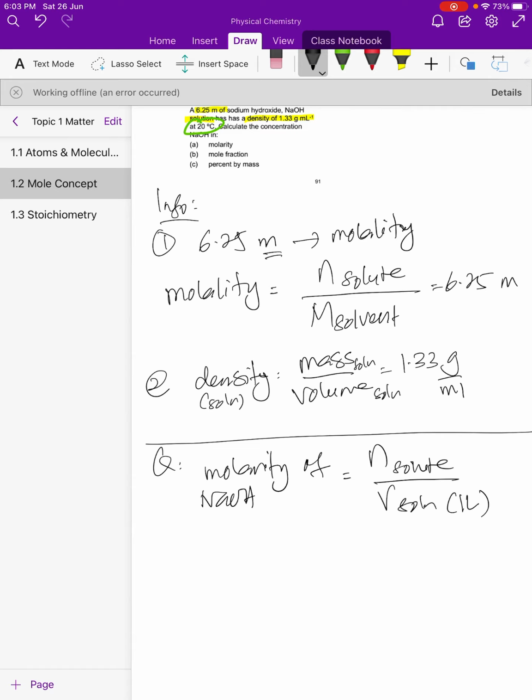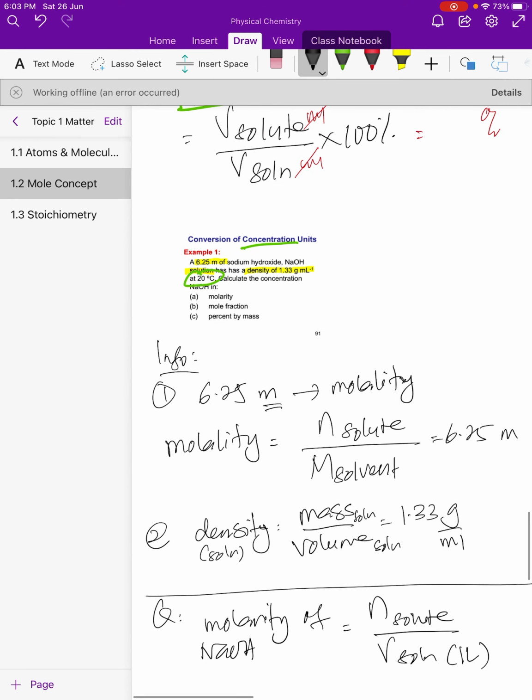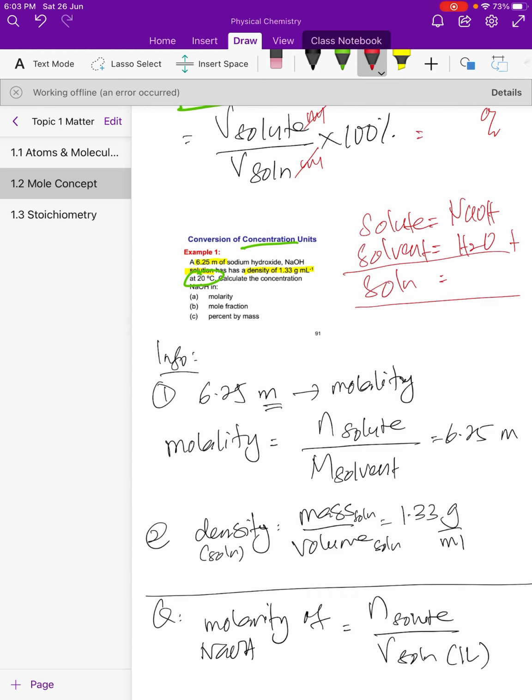So before we proceed with the solution, we also have to identify who is the solute, who is the solvent, and who is the solution. Solute is normally the compound given in the question. In this case, sodium hydroxide is the compound given. For solvent, they never mention anything, so it's the universal solvent called water. And you add both together, you get sodium hydroxide aqueous. So this is the solution.